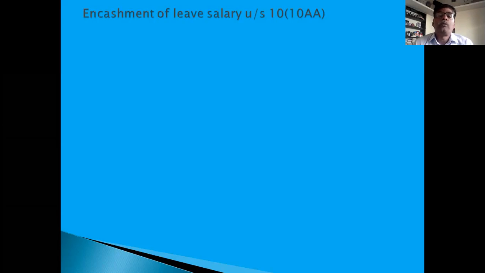If the employee avails those leaves, there is a benefit to the employee. And if the employee does not avail the leave, then leave salary is given additionally to the employee. That is called encashment of leave salary.